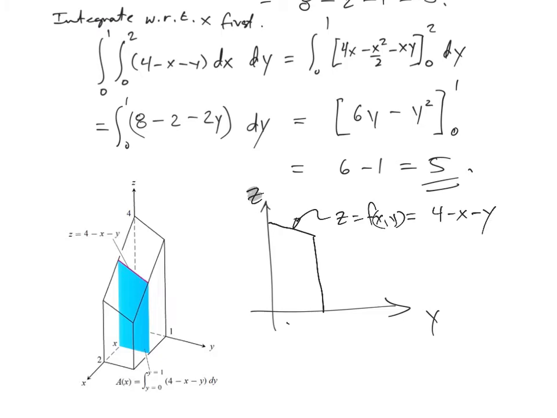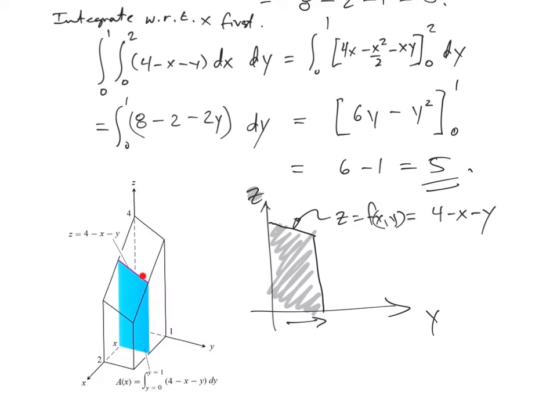And when I integrate in the y direction, I'm finding the area under this curve. Okay, that's the blue shaded part here. Okay, that's at some particular x value. So x is a constant when I integrate this, right?